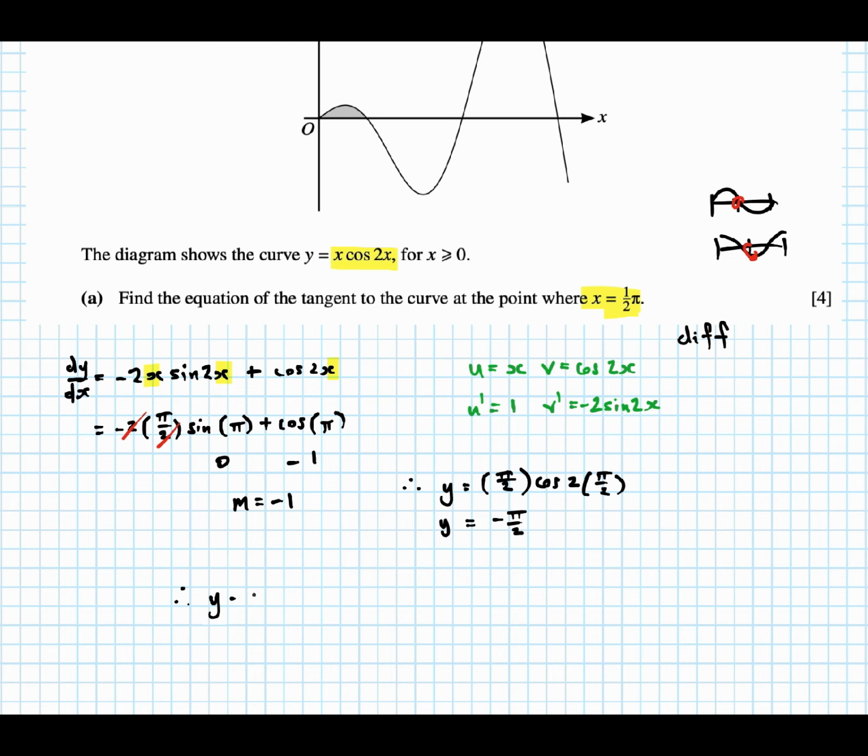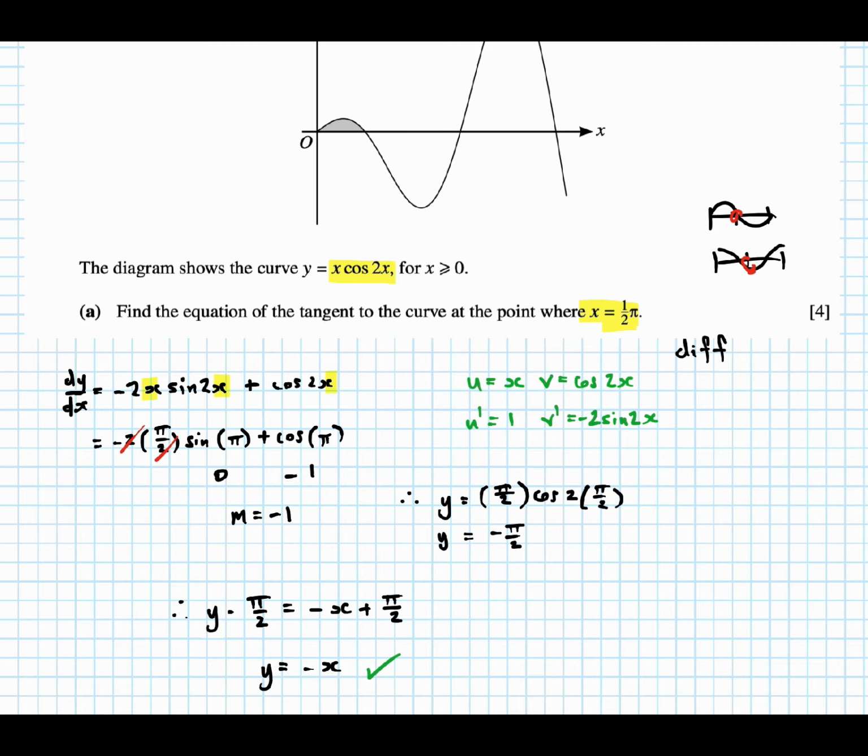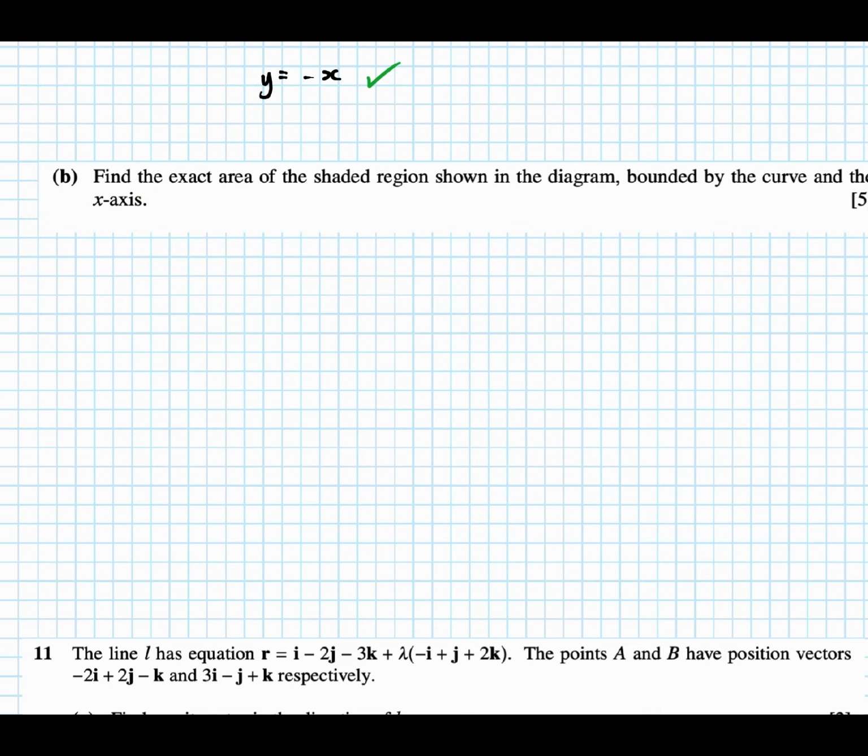So you can find an equation then. Find the equation of the tangent: y plus pi over 2 equals minus x plus pi over 2. So yeah, minus x. Just making sure, back and forth, checking it.